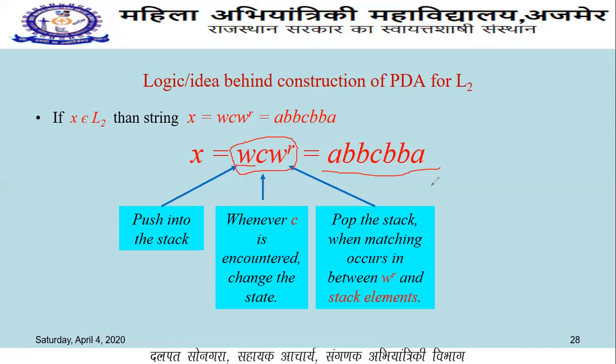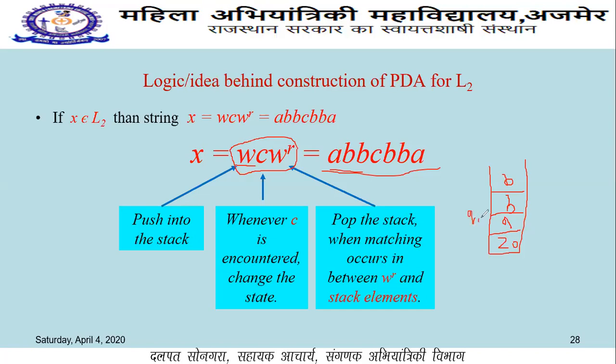The pop operation is performed only when the element of WR matches the top element of the stack. When W is inserted into the stack, Z0 is explicitly inserted first, then A, B and B, and all this is done at state Q0.